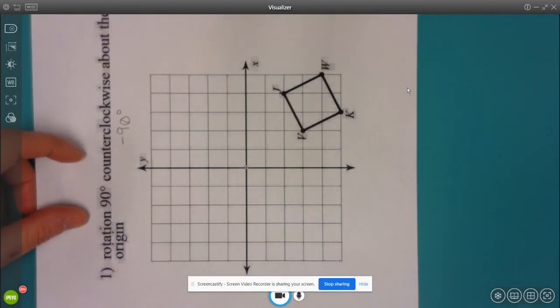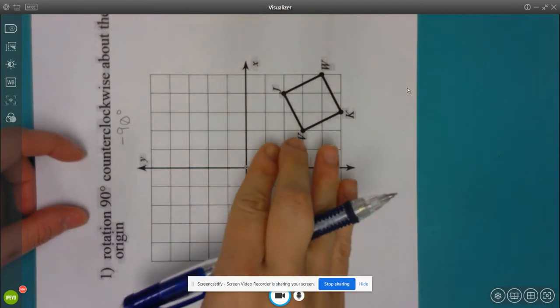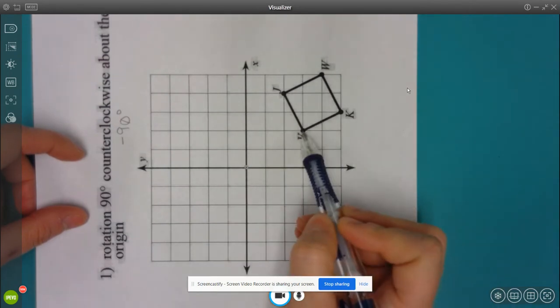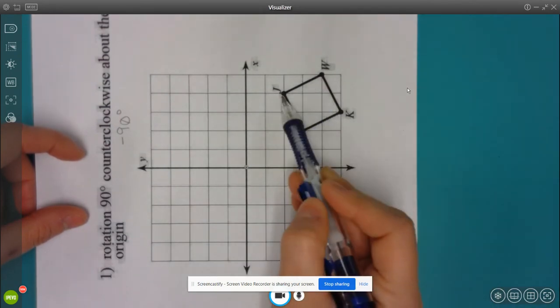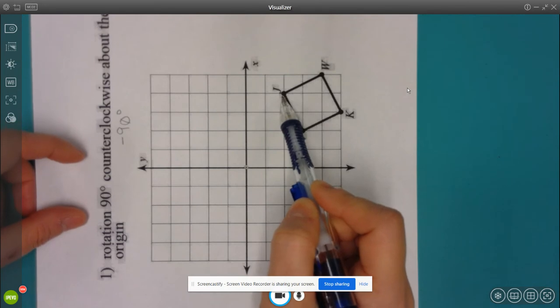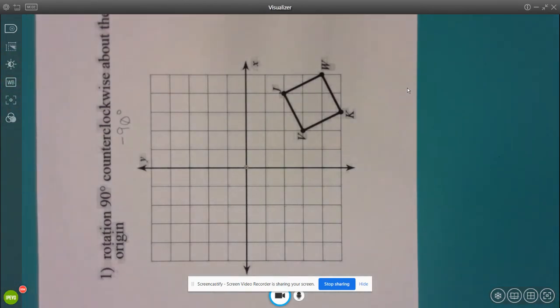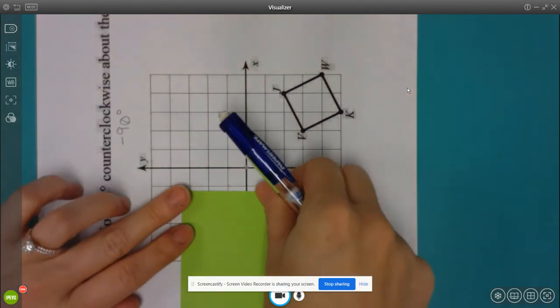Since this is where my new image will end up, I can pull the coordinates from this picture right now, and those will be my coordinates for V prime, K prime, W prime, and J prime. I'm going to do this on a sticky note, just so that when we turn it back the normal way, we can see what we're looking at.